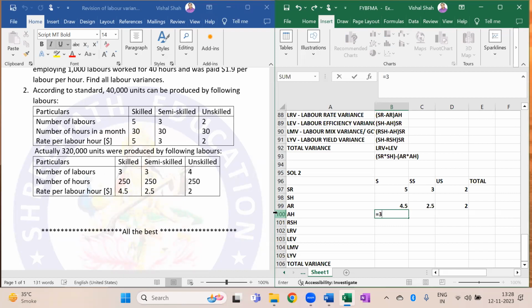That is 3 into 250. Labor hours means labor into hours. Then 3 into 250 again, then 4 into 250. We'll find out its total.